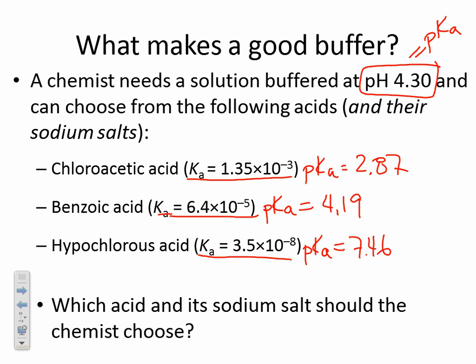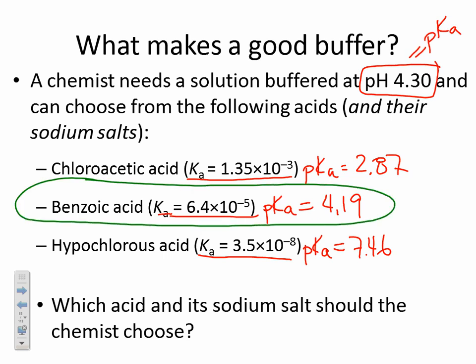So which acid do we want to choose, along with its sodium salt, which would give us the weak base, to make this particular buffer? We want to choose the benzoic acid, because this pKa value is closest to the pH that we want.